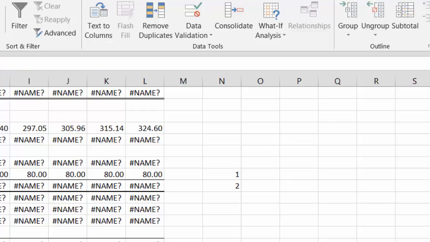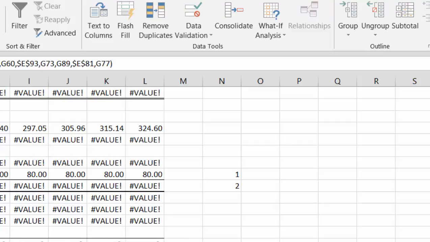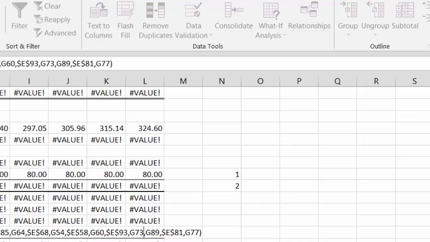Okay. I'm going to do exactly the same thing. Let's copy this. I'm sure somebody made a macro that does this.